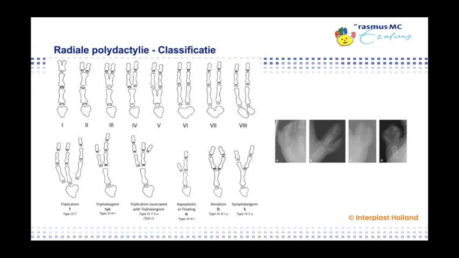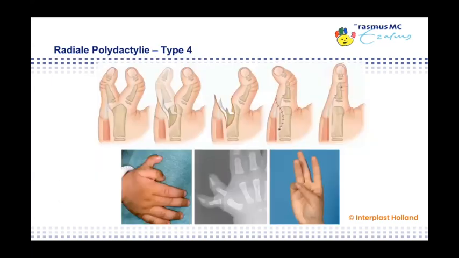We also describe the hypoplastic or floating thumbs and the deviation in the thumb, because if you want to do research, it's very good to have splitting instead of lumping cases, just to be sure what you're talking about. The example is four types 4 who need to be treated in different ways.